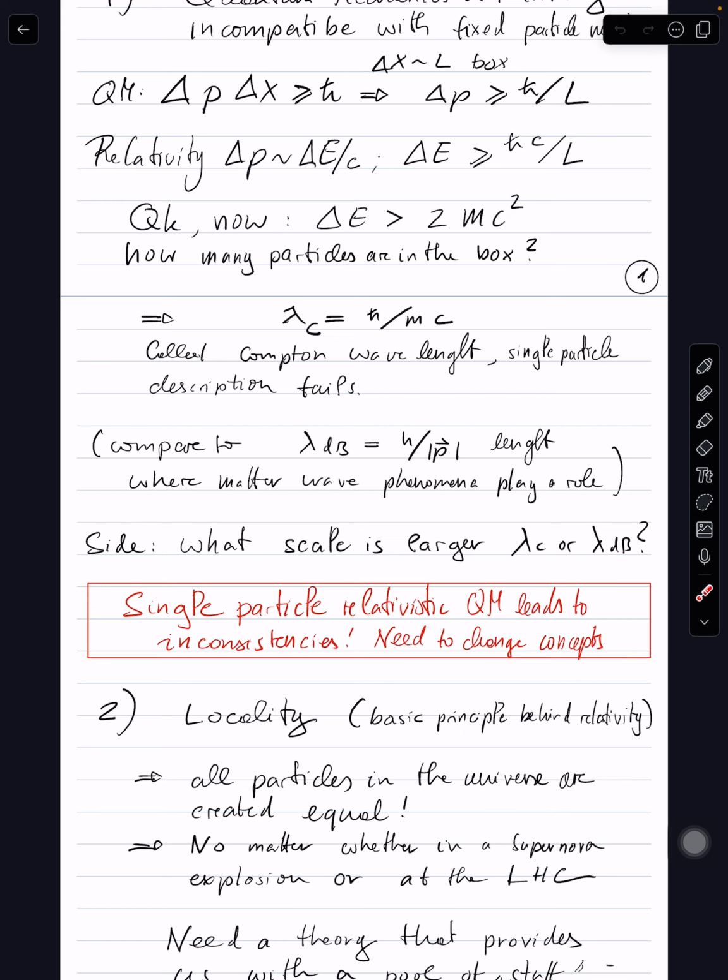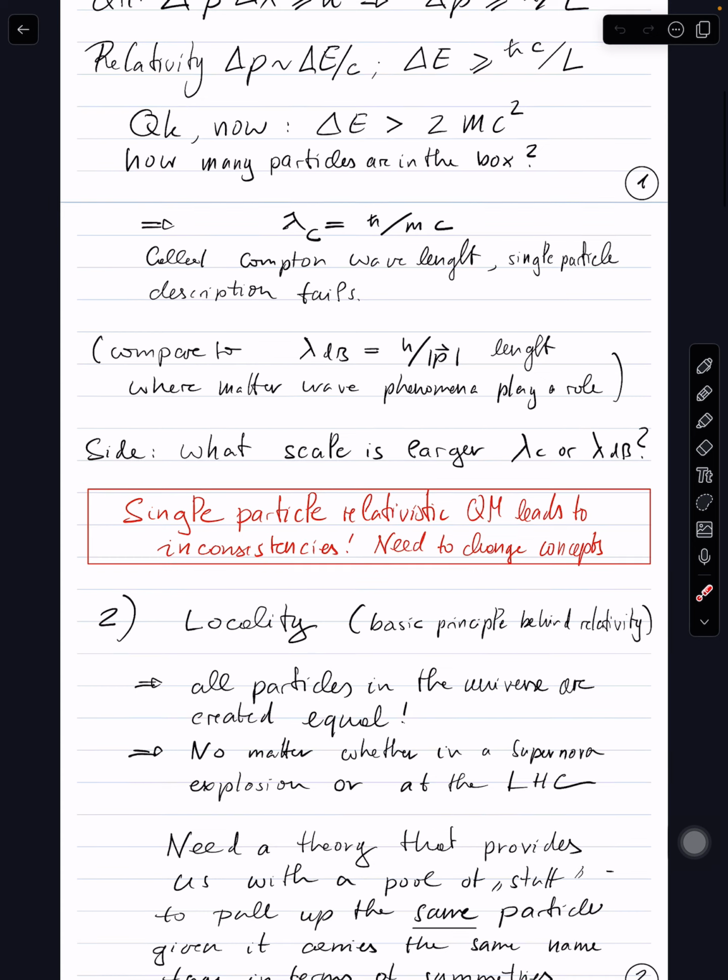Here we have a larger length scale at work, the length scale where we have wave phenomena of particle matter. So where matter wave phenomena such as interference start to play a role, depending on the momentum of the particles, and they depend on the mass, but also on the velocities. The slower moving particles will exhibit stronger wave-like phenomena than faster moving particles.